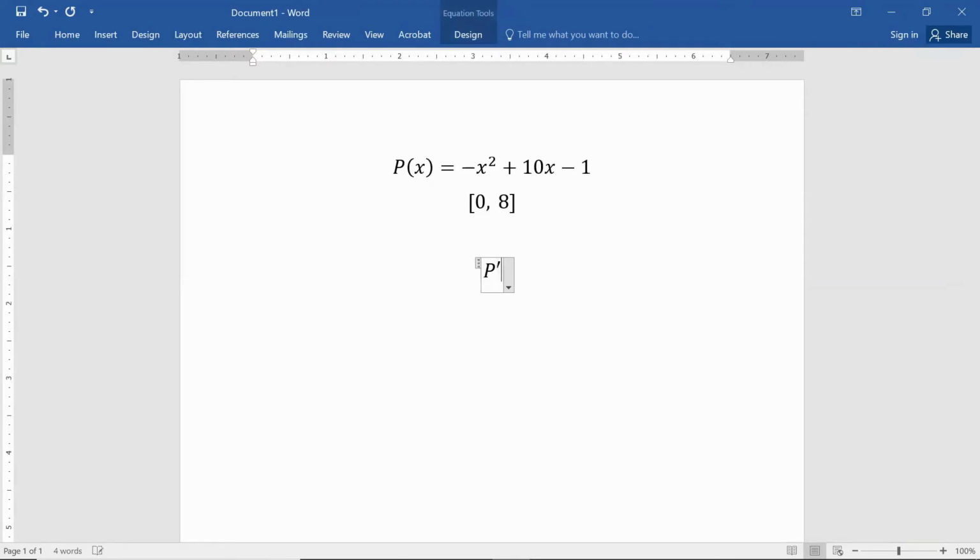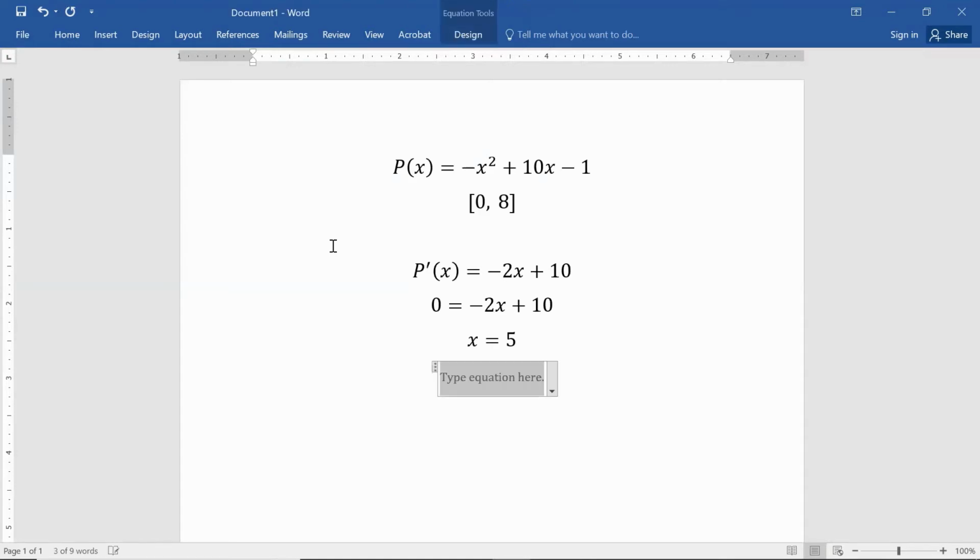So P prime of x is equal to negative 2x plus 10. If I set that equal to 0 and solve, we find that we have a critical value when x is equal to 5.